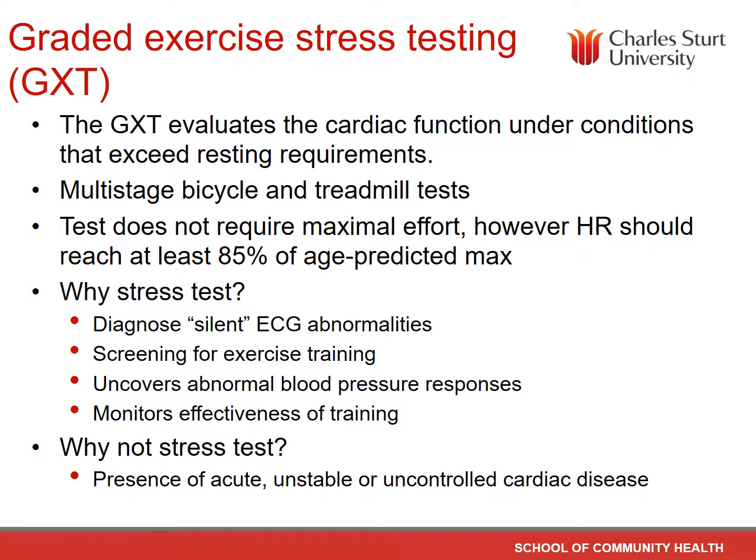So it's very similar to the VO2 max test that we did, starting off at a low intensity, gradually incrementing the intensity, either by speed, power, or workload, and it can be performed like we saw in the lab on a bike or on a treadmill. It does not require maximal effort, but people reach at least 85% of their predicted max heart rate, and this is because if someone's got an underlying or unstable heart, then it's far too risky to be taking them to their maximal level.